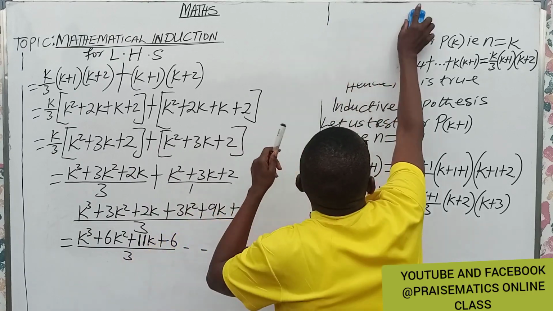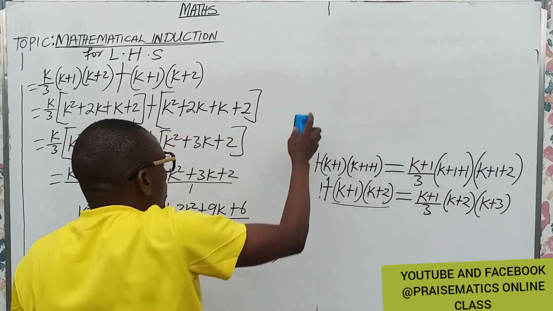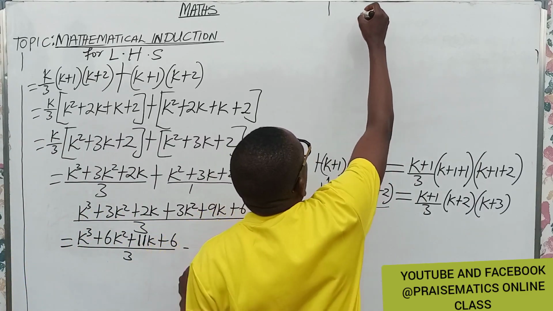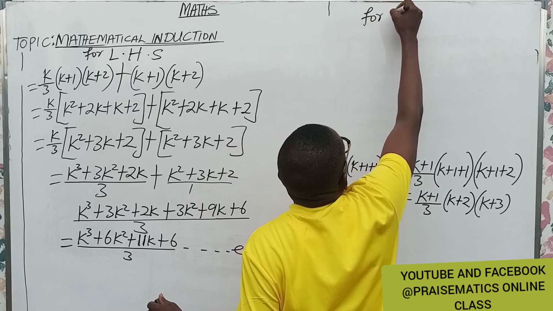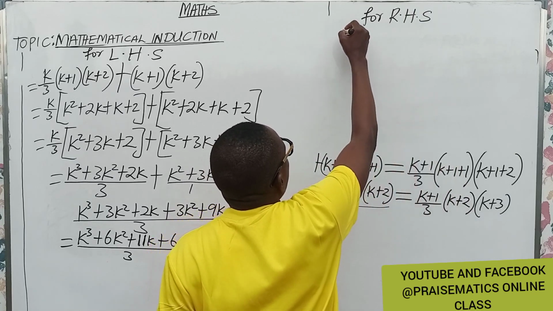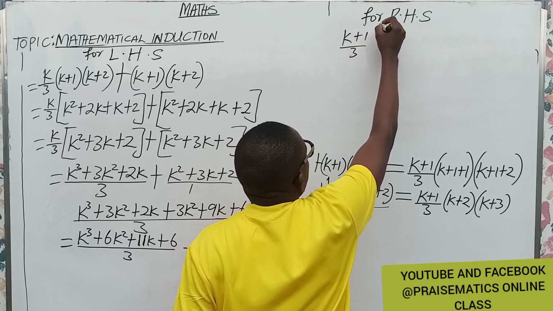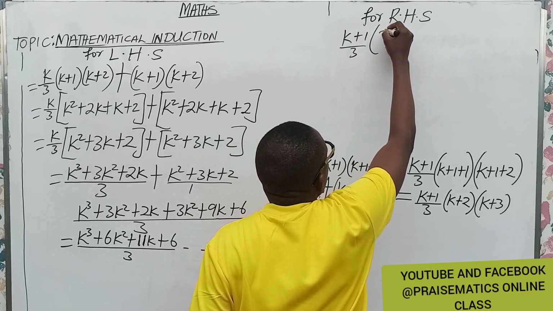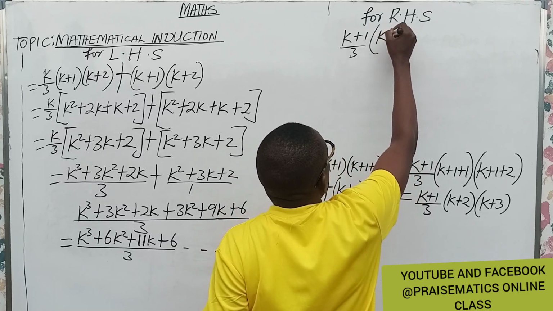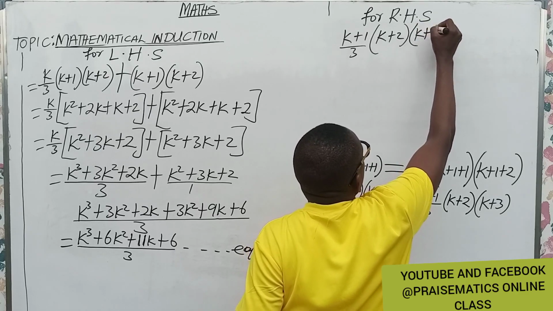Let's look at the right hand side. We have succeeded in getting the left hand side of the equation. Now the right hand side. What do we have? We have (k plus 1) over 3 into bracket (k) into (k plus 2) into (k plus 3).